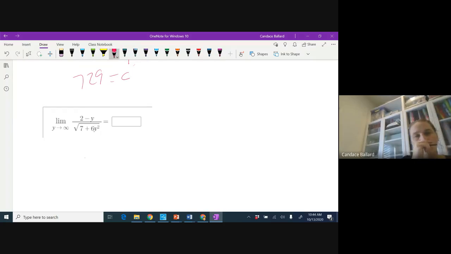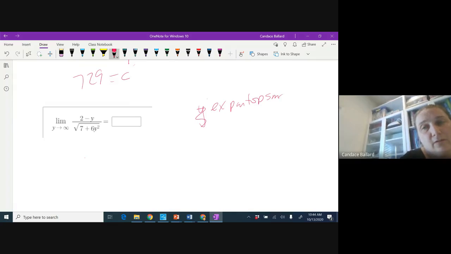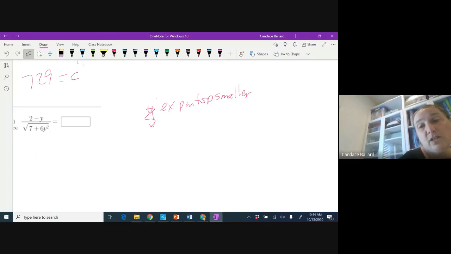All right. So when we're approaching infinity, remember there's three things we have. If the exponent on the top is smaller, and there's a chart in your notes, the exponent on top is smaller.